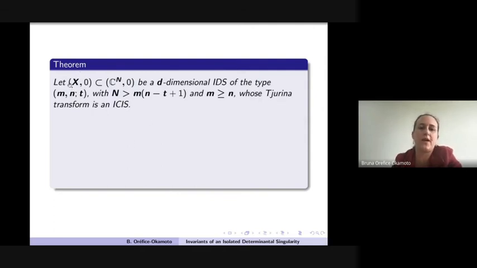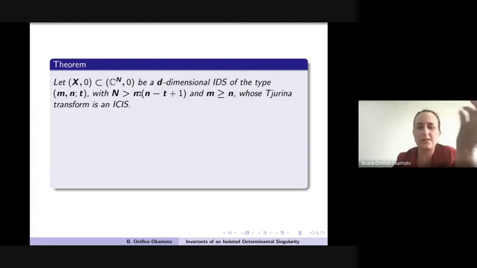I consider X a d-dimensional IDS in C^N of type (m, t). This means that X is given by a map from C^N to the set of matrices of size m by n, and is the inverse image of the matrices with rank less than t.